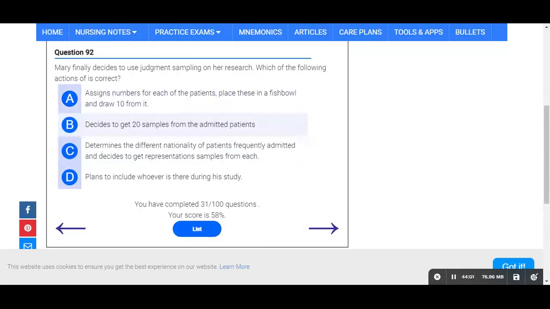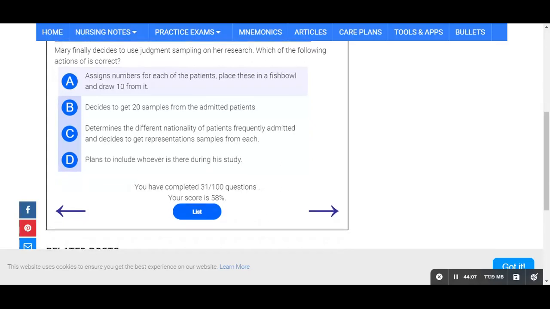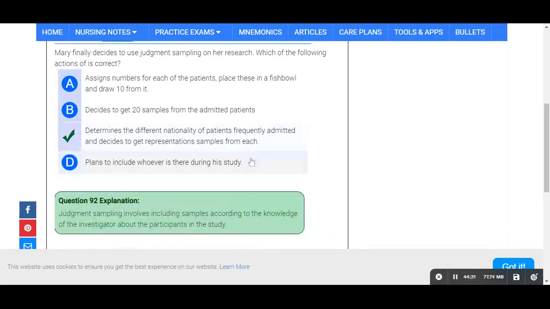Now, Mary decides to use judgment sampling on her research. Which of the following actions is correct? Assigns a number for each patient, places these in a fishbowl and draws 10 from it. Decides to get 20 samples from the admitted patients, determines the different nationalities of patients frequently admitted, and decides to get representation samples from each. Plans to include whoever is there during the study. That's correct.